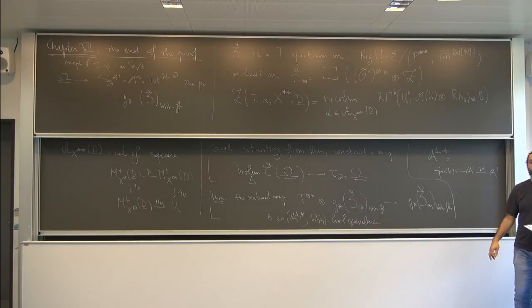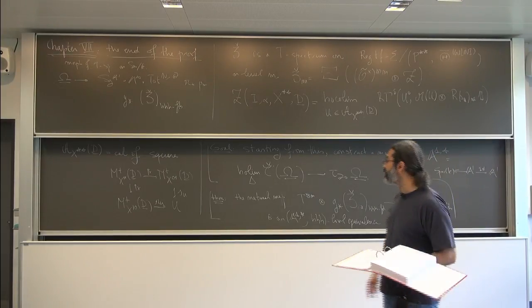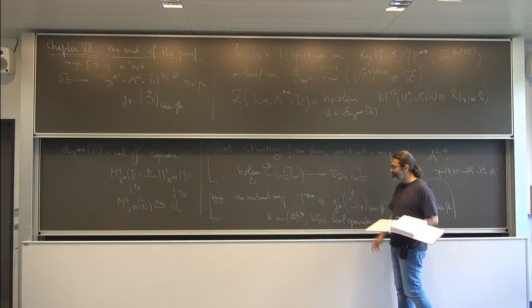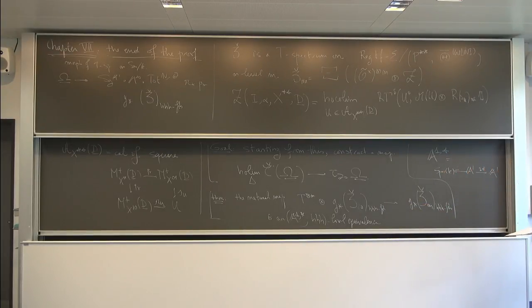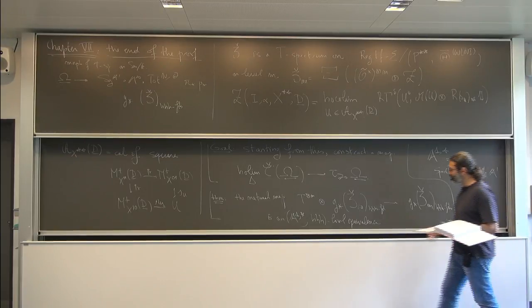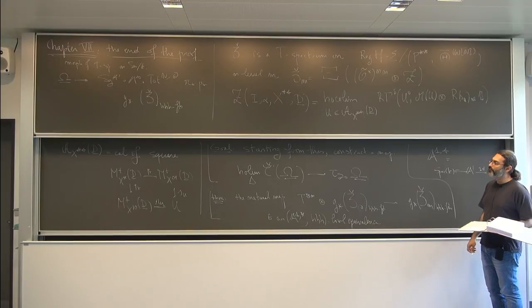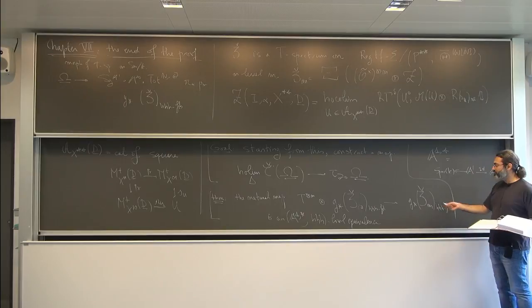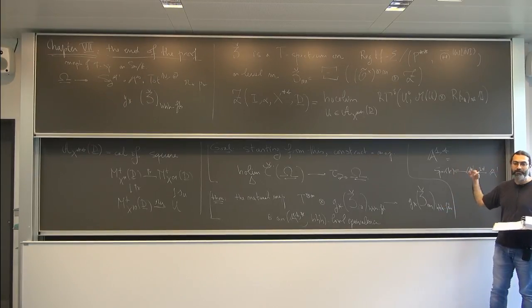Sorry? Yeah, but anyway, this is not very difficult really. I mean, Z hat is not so far from being a suspension spectrum, in fact, because essentially it's a suspension spectrum if you think in terms of flaggy presheaf.